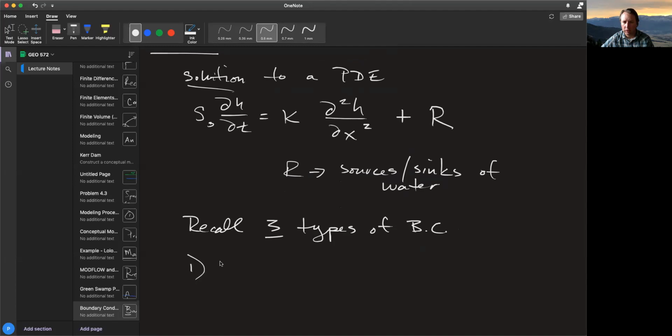So the first, Dirichlet. And in a Dirichlet, recall that H here is our variable.